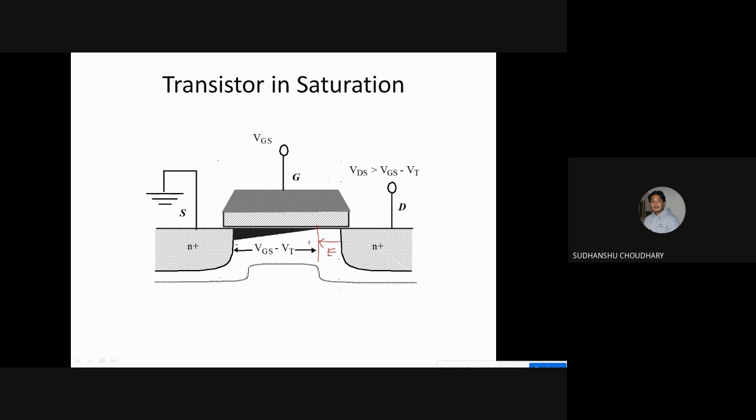Because of this high electric field and the direction of the electric field from drain to source side, the electrons will drift or sweep away from source to drain. So the electrons will come over here because of this high electric field.